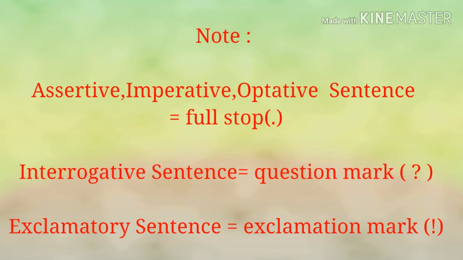In an interrogative sentence, the sentence ends with a question mark. Clear? Interrogative sentence ends with a question mark, and exclamatory sentence ends with a note of exclamation. Clear? So don't forget to remember this.